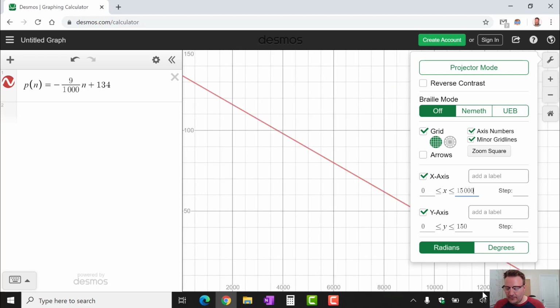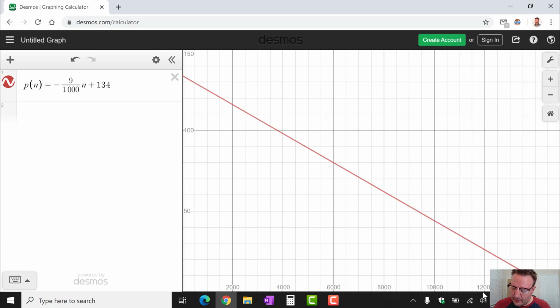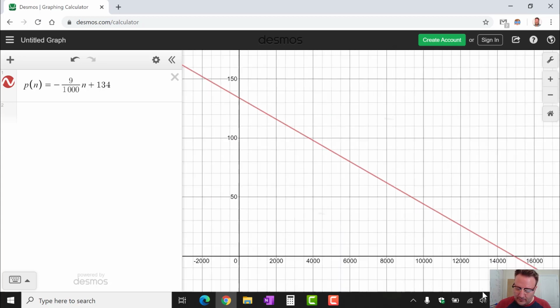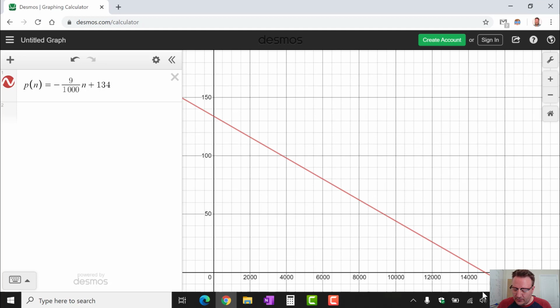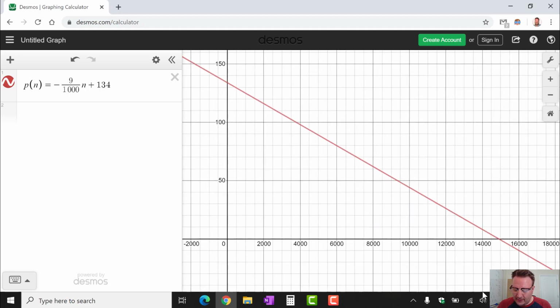There we go. Now let's zoom out a little bit. Yeah, I had to change my x scale dramatically in order to get the relevant parts of the graph to fit on the screen, didn't I?